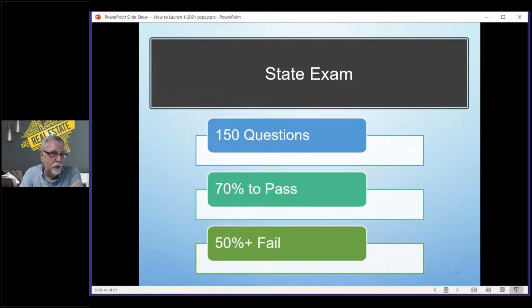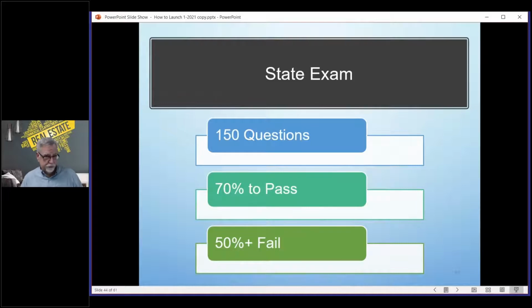So my point with all of that is you don't have to be a brain surgeon to get a real estate license. All you have to do is get 70% of the questions right and you're in. Having said that, however, every time the Department of Real Estate gives this exam, they fail more than 50% of the people that are in the room.